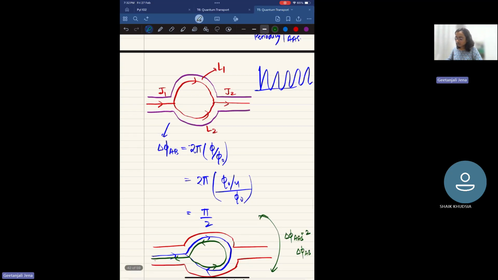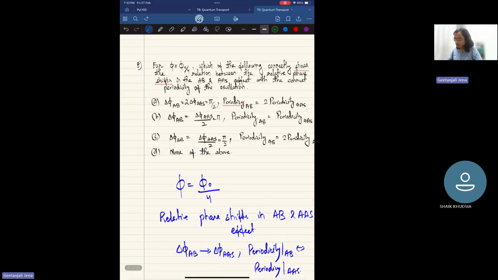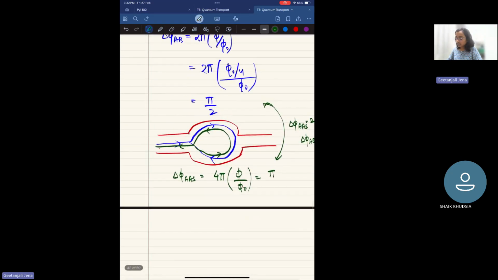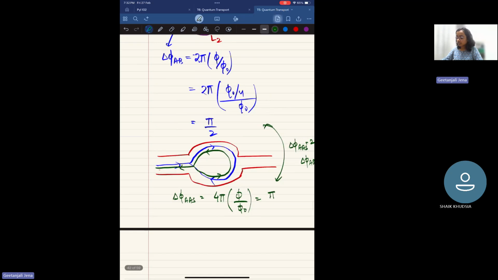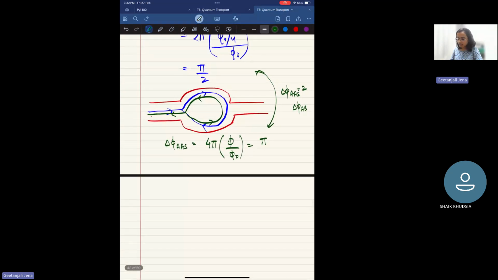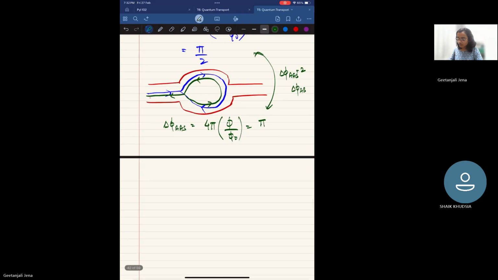And now we need to see what is the periodicity. Periodicity we can get if you look at the relative phase shift. For AB, it is 2 pi phi by phi 0, right? So this is the relative phase shift.